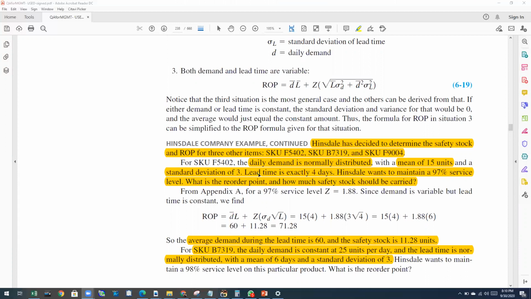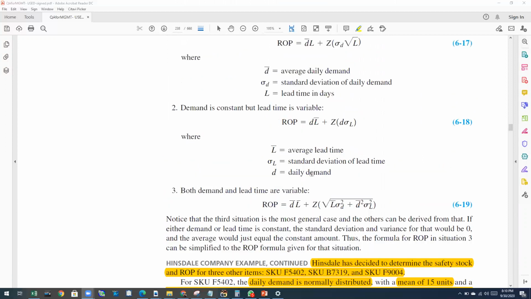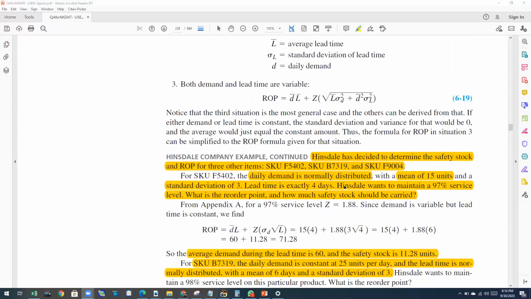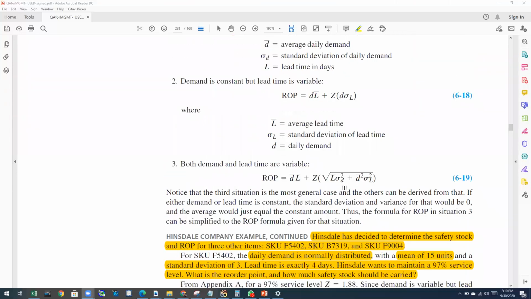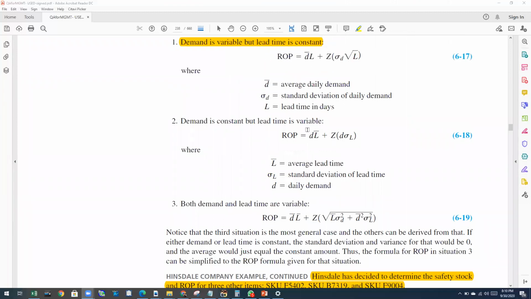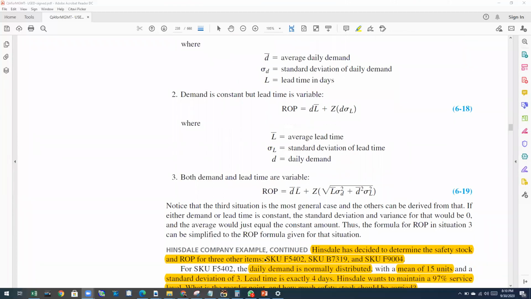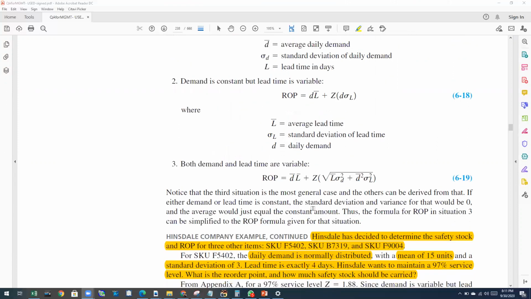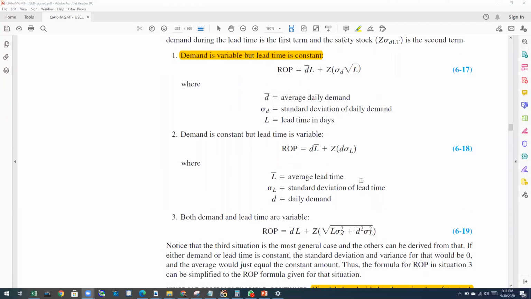Lead time is 4 days. Standard deviation is 3. So 15 times the lead time of 4 days, plus Z multiplied by the standard deviation, which is 3, multiplied by the square root of 4.